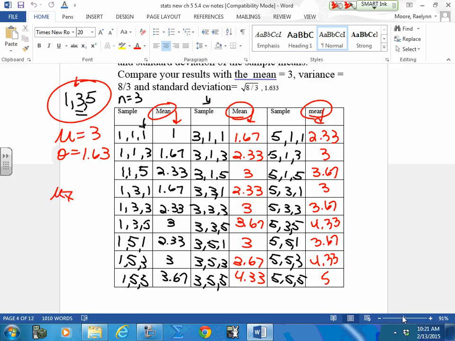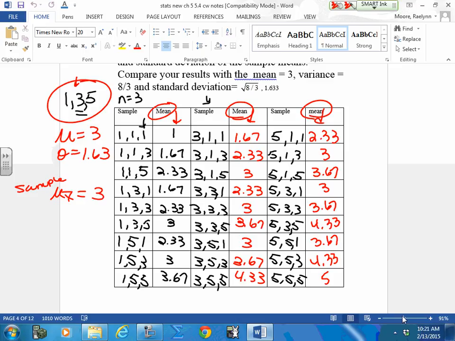If anybody wants to be daring enough to do it, you're okay following this? You should find that your sample means give you the same mean.